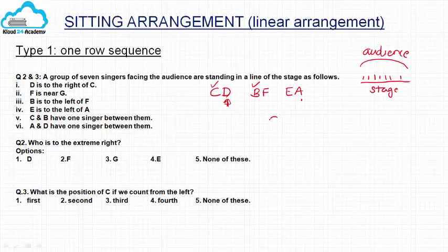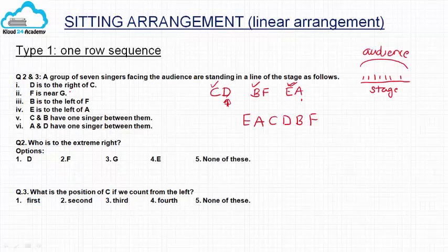So we can write them like this: C, D, B and F. Here between C and B we have one singer which is D. Now they are saying A and D have one singer between them. So between A and D we got one singer which is C, and E is to the left of A, so E will come here.